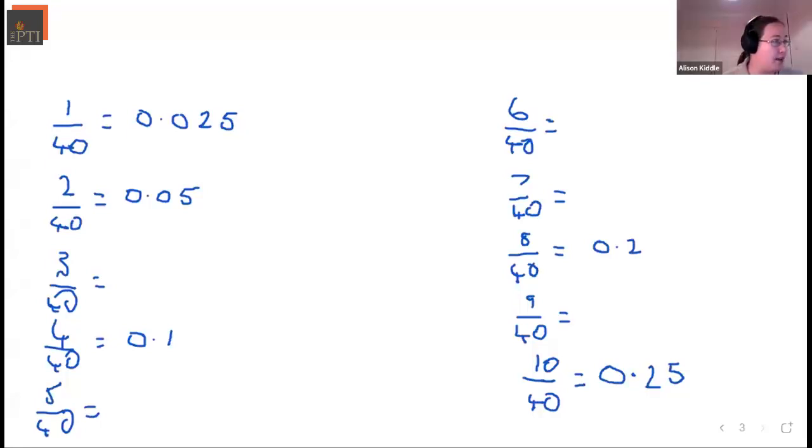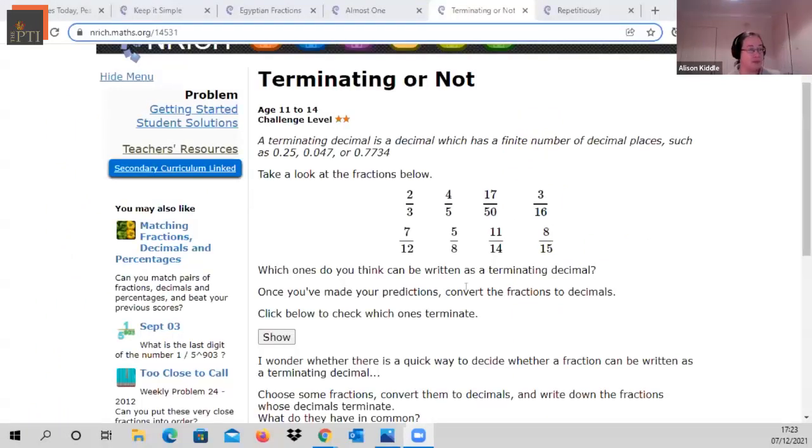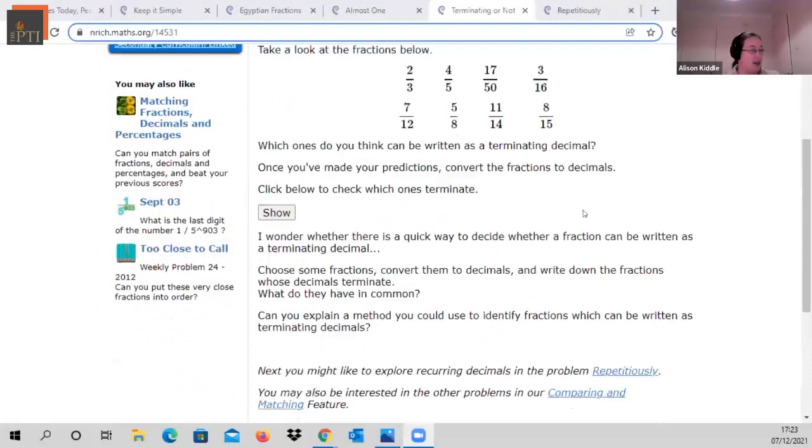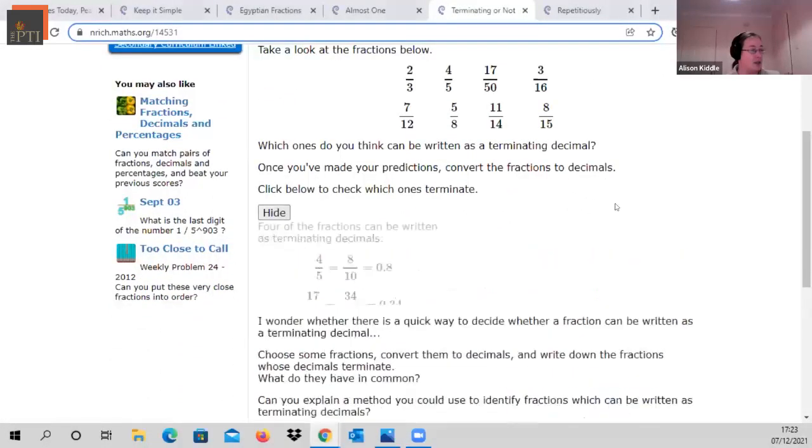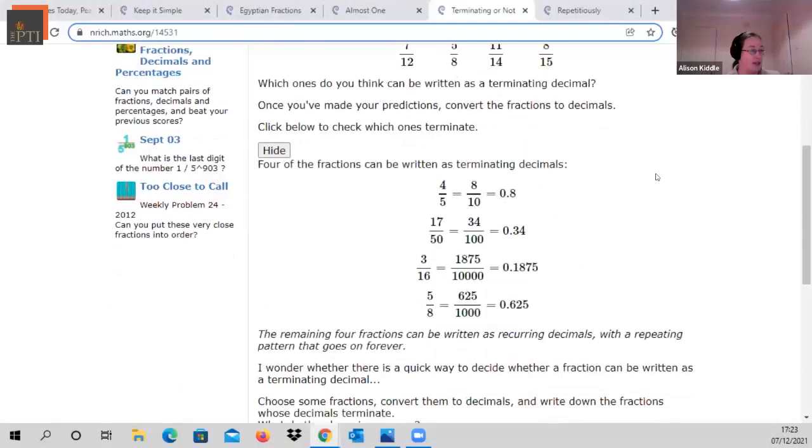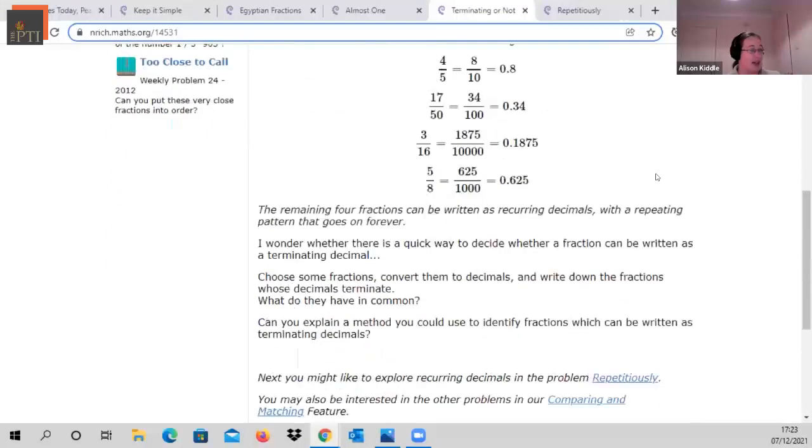So if I go back to my screen, you can see that in the problem there are 8 fractions suggested there to see which of them terminate and which one recur, and it actually shows you which ones can terminate just there.